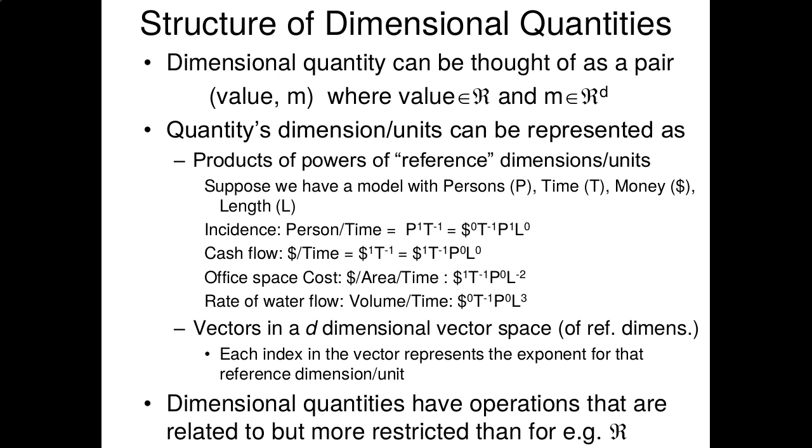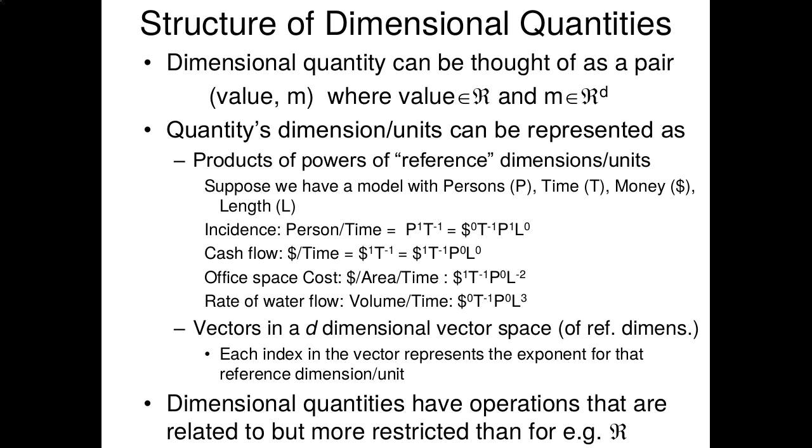So we might have, for example, cash flow we're interested in. And this might be currency per unit time, for example. Or we're interested in office space costs, so currency per area per time. So we talk about what's the going rents in downtown office space here in Saskatoon.